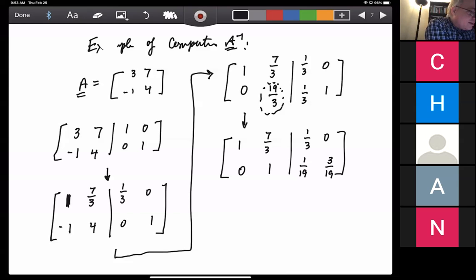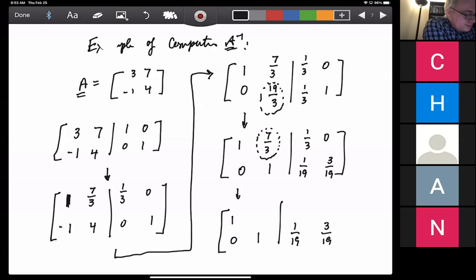Very good. And now we're going to work on this entry. We want to get that to be a 0. So we can take row 1 and replace it by row 1 minus 7/3 times row 2.